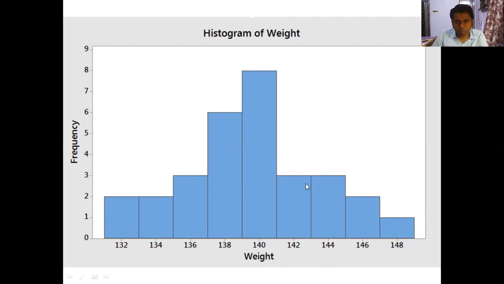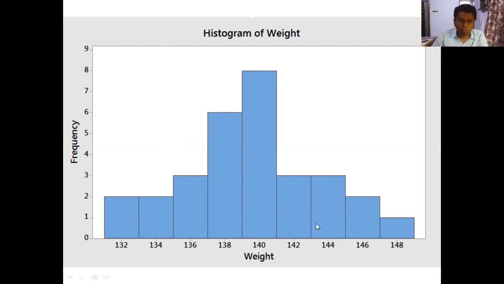From this histogram, you can see that there are 2 students who have a weight of 132 units. There are 2 students who have a weight of 134. There are 3 students who have a weight of 136. There are 8 students who have a weight of 140. Again, there are 3 students who have a weight of 144. There are 2 students who have a weight of 146, and so on.